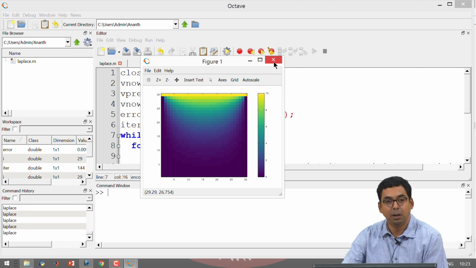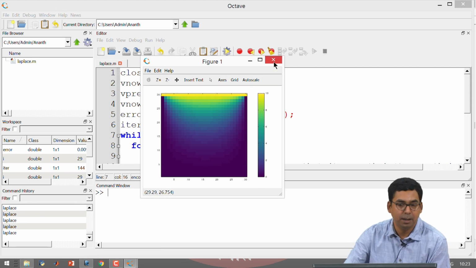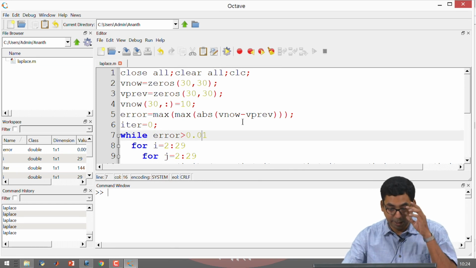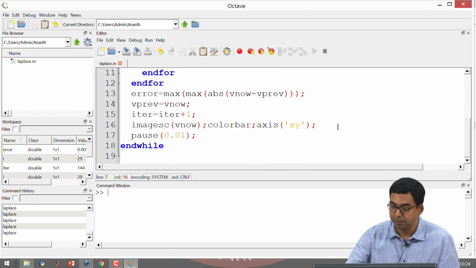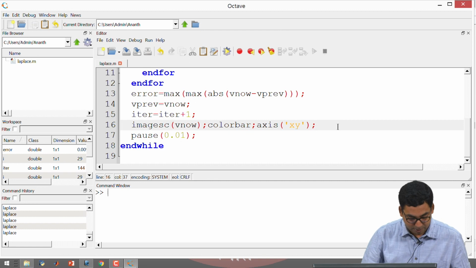Unfortunately, I really do not like this color scheme at all. I would like to go for something else. I did not expect that the default color setting would be this. So, I will go ahead and change that.